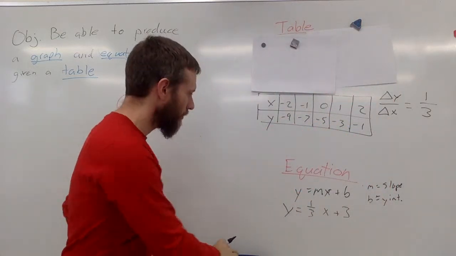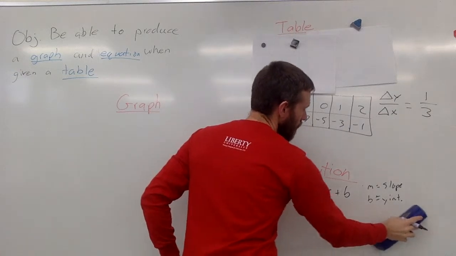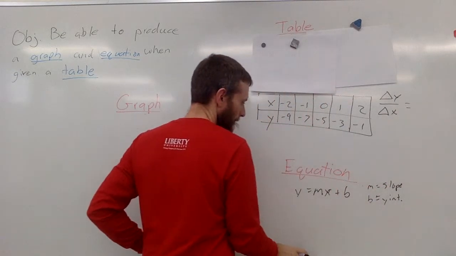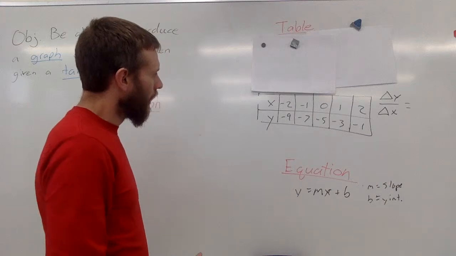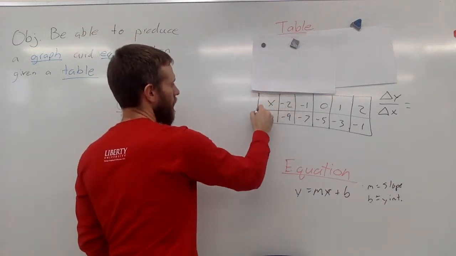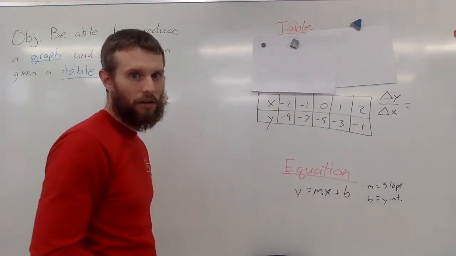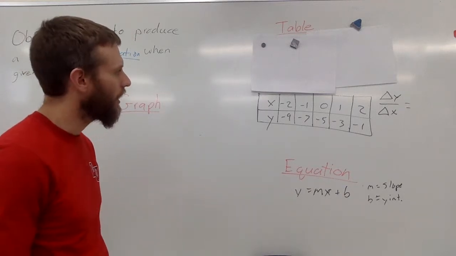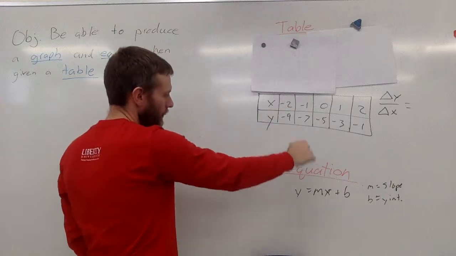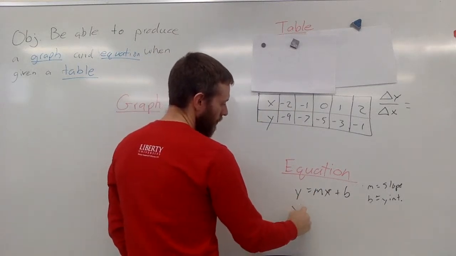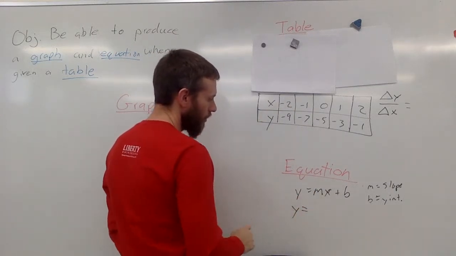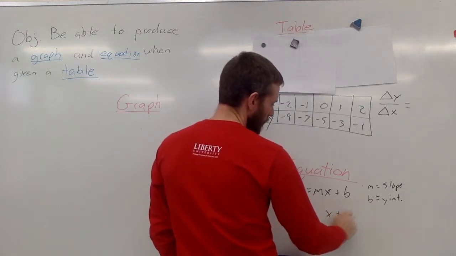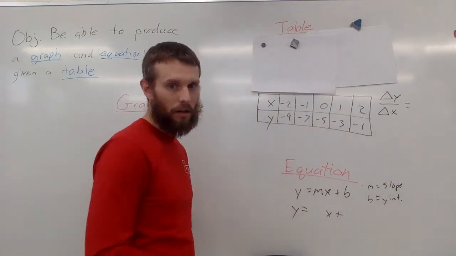Okay, here's our next table. X values, y values, again, we can use those coordinates to graph a line. Let's go straight from a table to the equation though this time. y equals our slope times x plus the y-intercept.